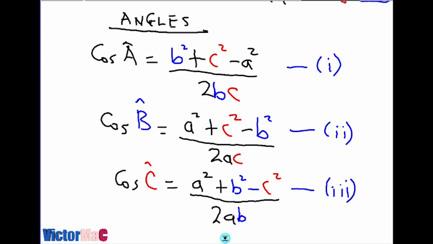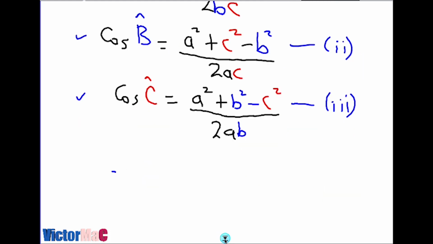Alright, so let me just explain how we derived equation 1 only, and that's knowledge you can also transfer to get equations 2 and 3 respectively. Okay, let me just start with rewriting the cosine rule for finding side a.